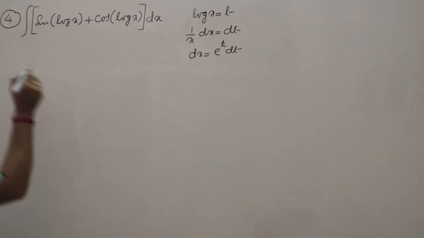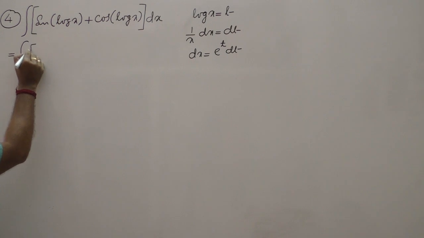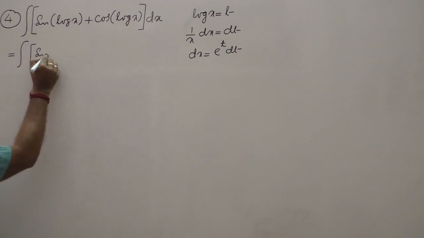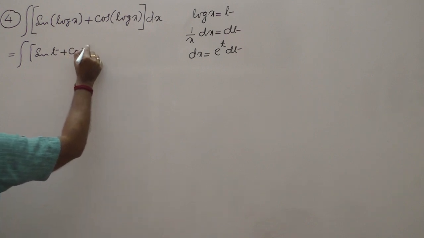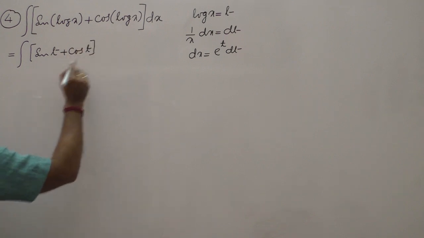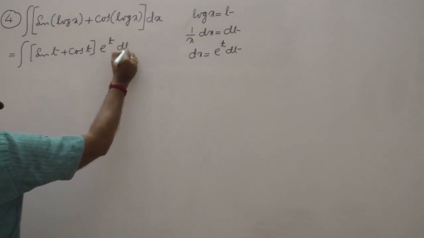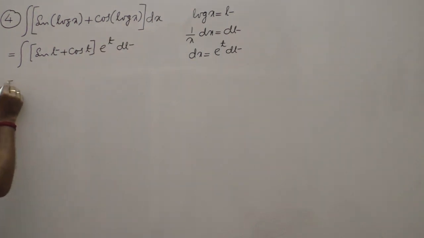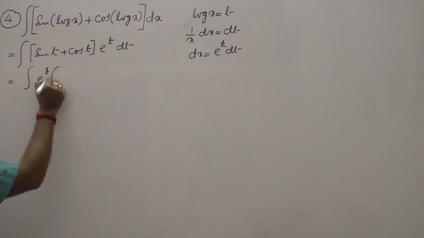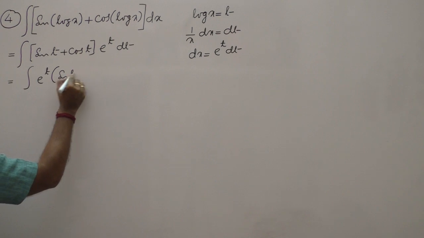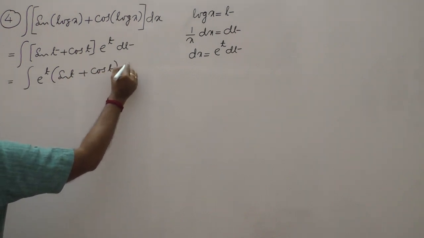dt. Therefore, by taking this substitution, the given integral becomes, what is this, sine of log x is sin t. This is cos of log x is cos t. And what is dx? It is e power t into dt. Therefore, this becomes now integral e power t into sin t plus cos t dt.